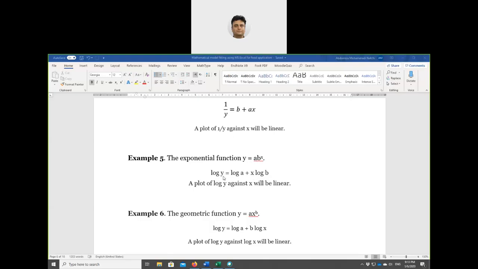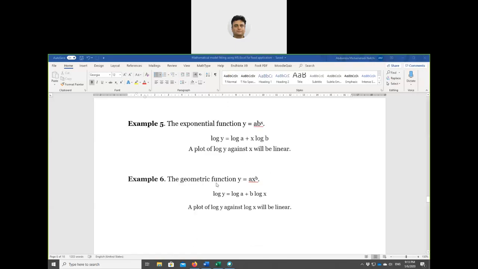And instead of y and x, if I plot log y over x, it will be a new linear model. As you know, the slope will be log b and log a is the intercept.